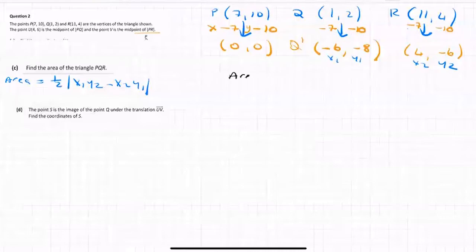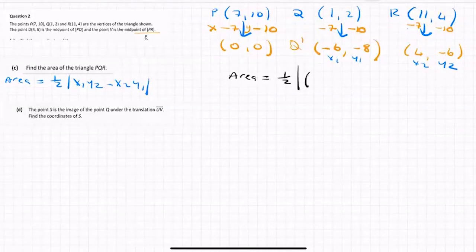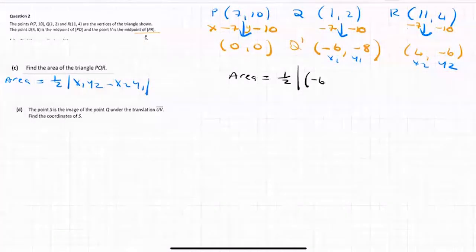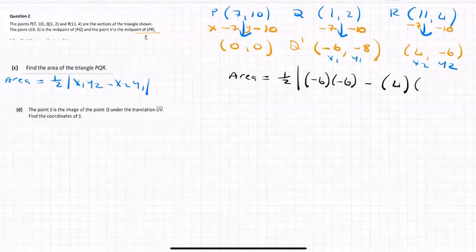So the area then is equal to a half of x1 minus 6 by y2, which is minus 6 again, minus x2 by y1. Okay, so a lot of minuses in that.